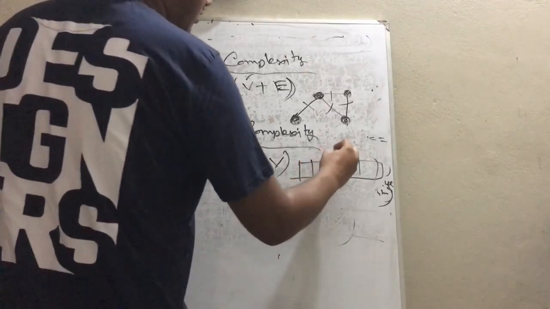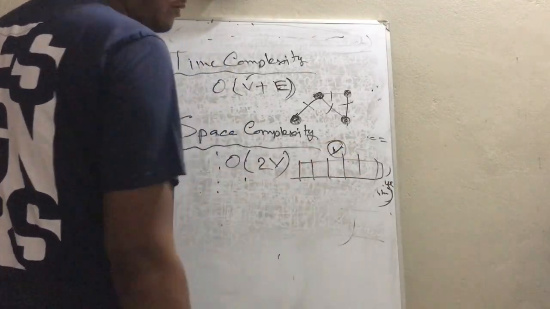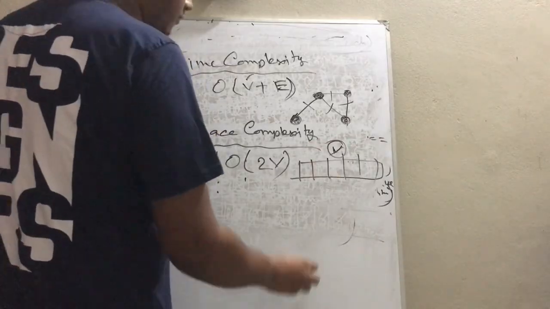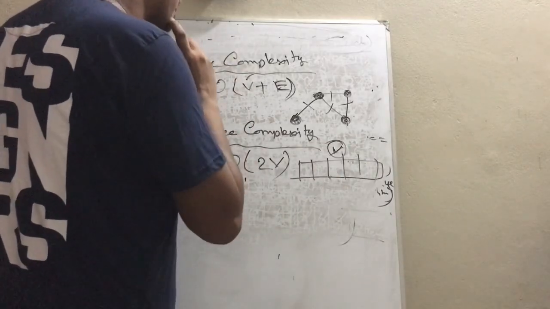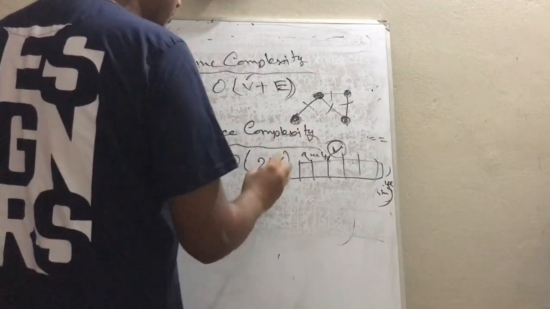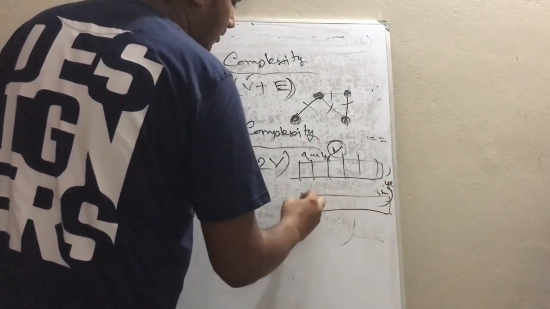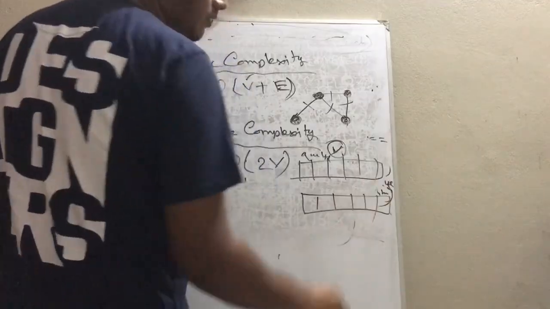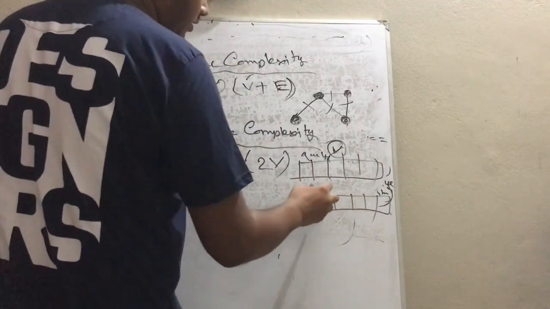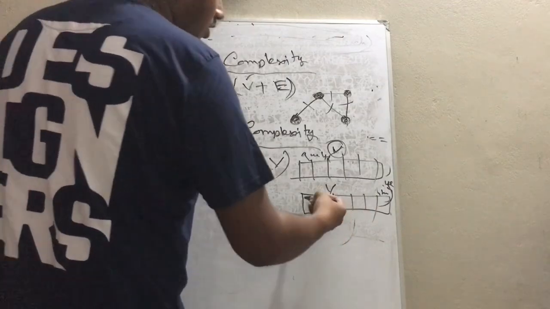It can be V. We also maintain another list called visited, and this also takes V, because ultimately all elements are visited.